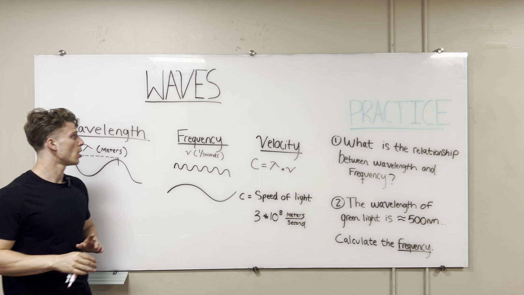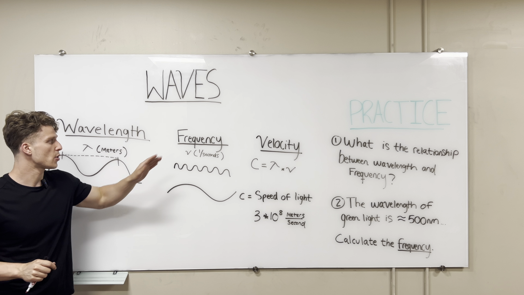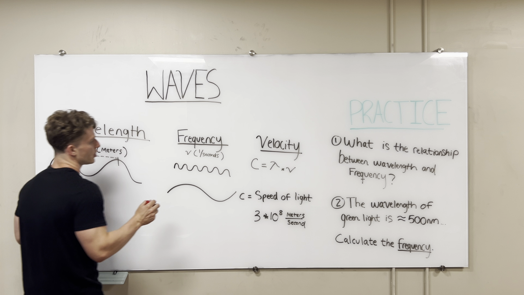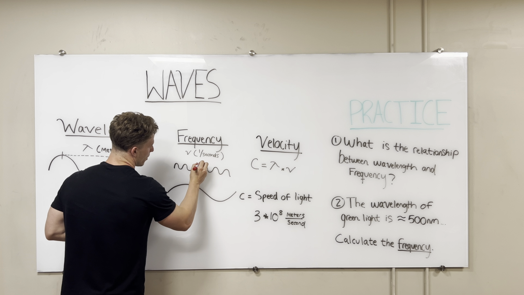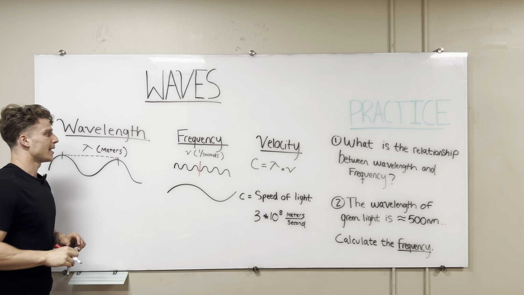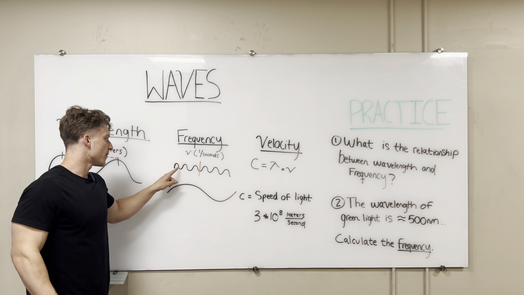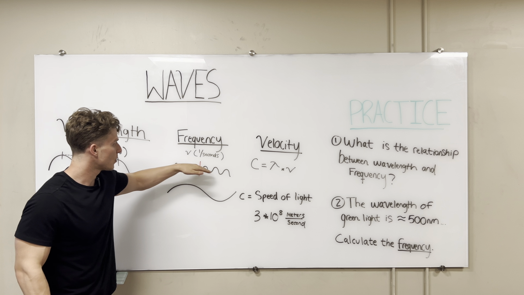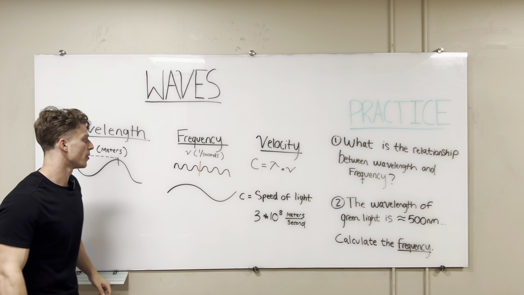So another important concept when it comes to waves is frequency. Frequency is a little bit more tricky to explain, but the way that I do it is I like to draw a line right through the wave, and I like to imagine that this wave is traveling to the right. It's not just sitting here static on the board.